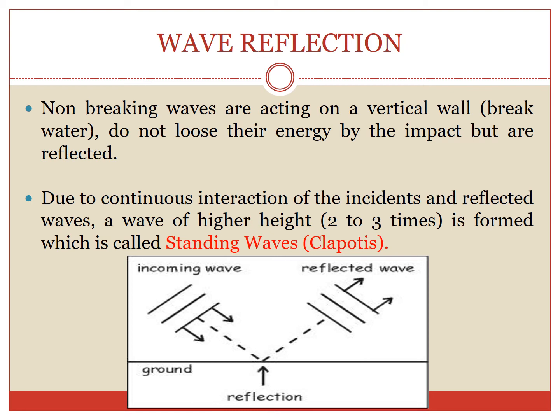Due to this continuous interaction of the incident and the reflected waves, a wave of higher height is formed, which is called the standing wave, also known as clapotis. The standing wave may reach a height which is twice the height of the incident wave.